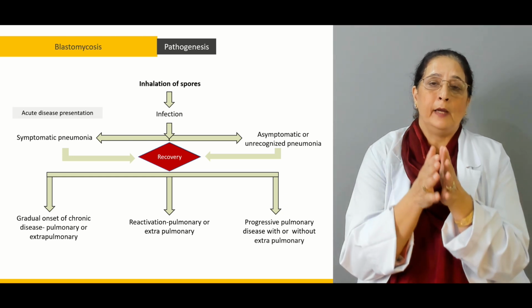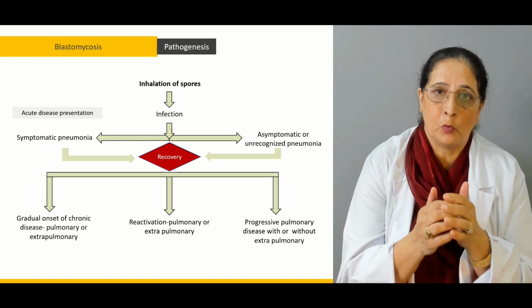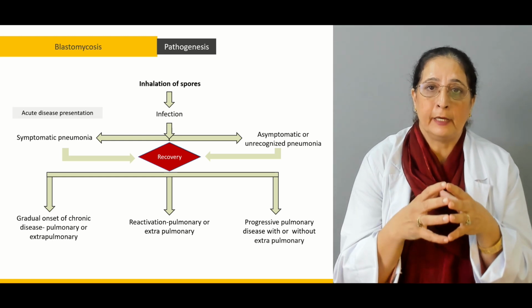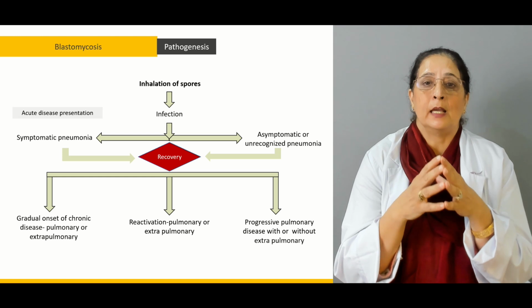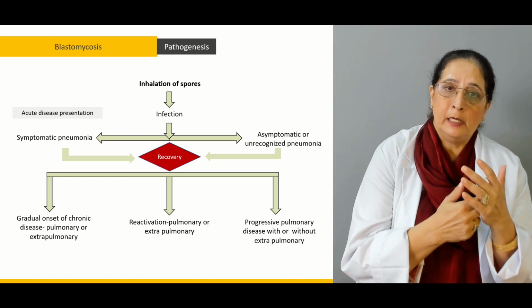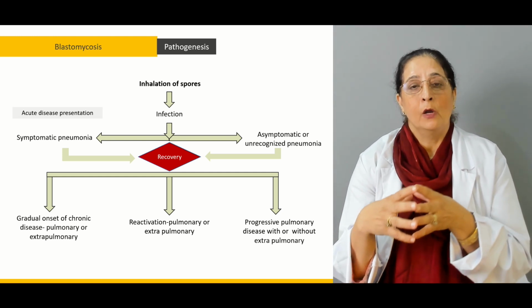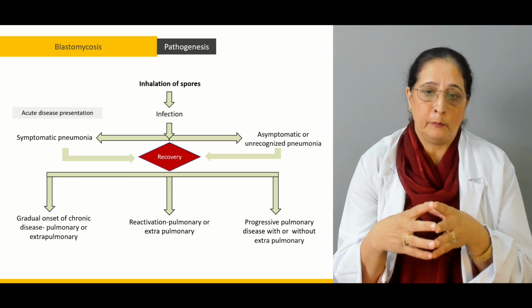So if I summarize this pathogenesis, there is inhalation of the spores causing the infection or involvement of the lungs, which will be of two types. One is symptomatic pneumonia-like infection, then we have asymptomatic or unrecognized pneumonia.